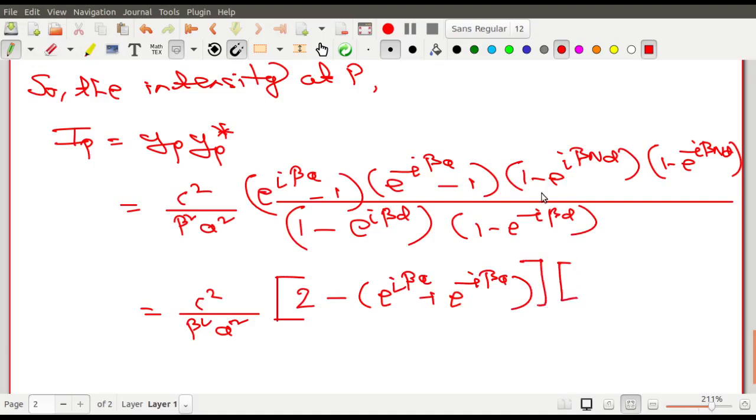Next, from this also a term will come, 1 into 1 is a 1, and minus exponential and minus exponential gets another 1, so that makes it 2. So from here a 2 will come, and then again you take a negative sign common, so it will be again of similar nature, e to the power I beta nd plus e to the power minus I beta nd.